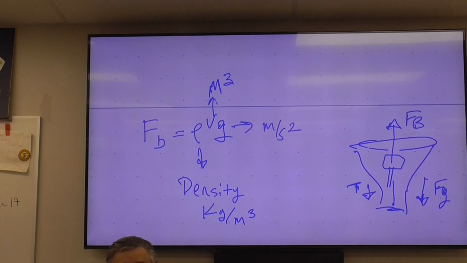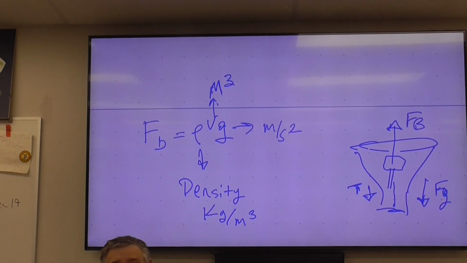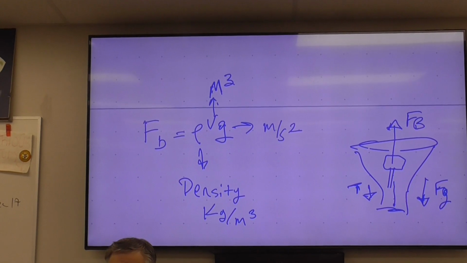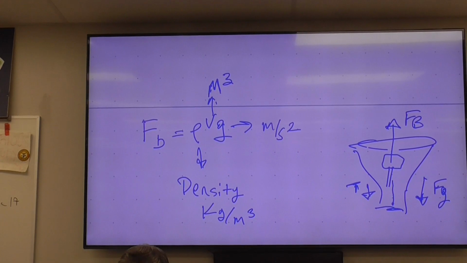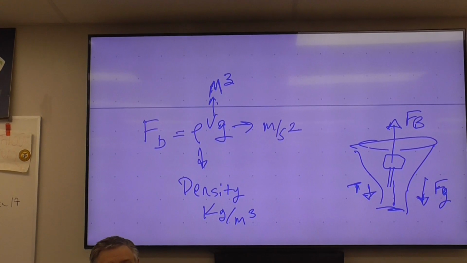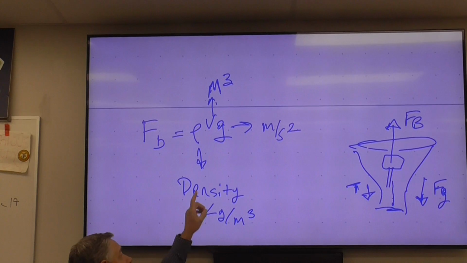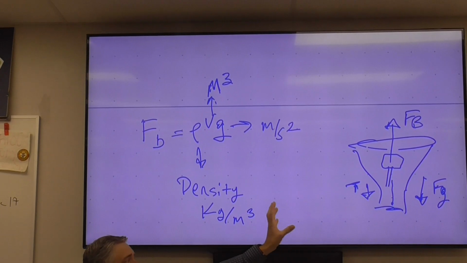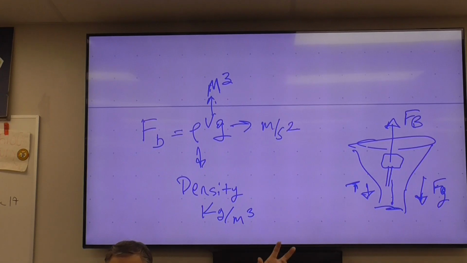So listen to me again: that density is not what the object is. It's the density of the fluid that's being displaced. So in this situation, to calculate the force acting on that pipette, I would use the density of water, because that's what's being displaced.